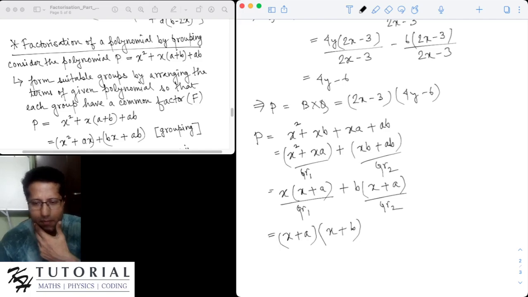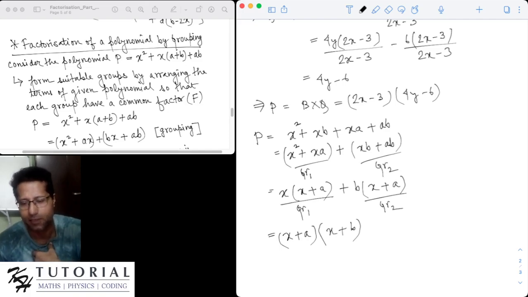And then you factor out the binomial using the concept of factoring a binomial from a polynomial, and you can express the given polynomial as a product of two or more algebraic expressions.